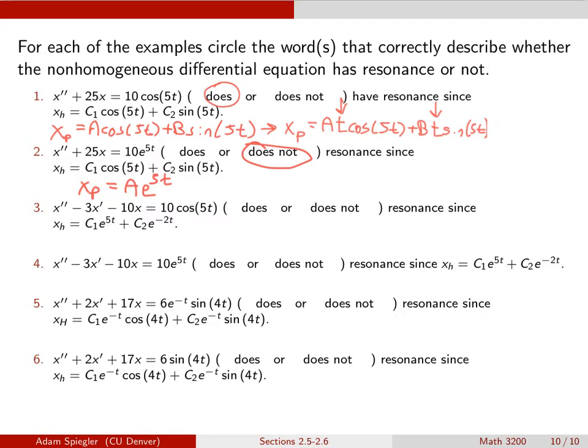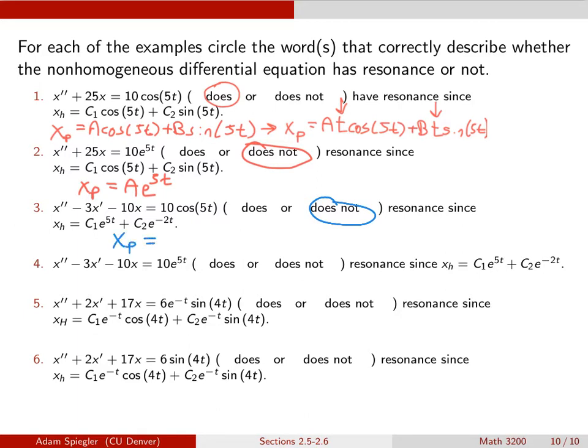In number 3, here we have a different homogeneous solution because the left side is different. And so here would be the homogeneous solution. And if I compare this to the forcing function over here, these are exponential. That's a trig function. So this one is going to not have any resonance. There's no issue with that.